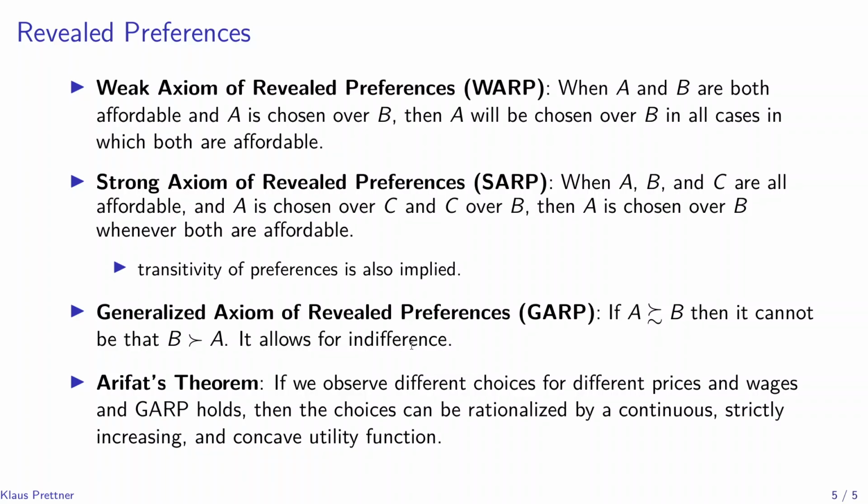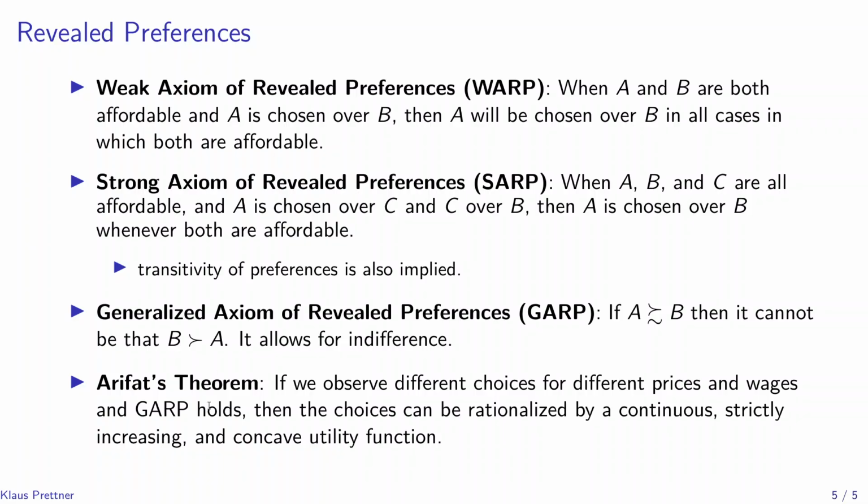What this means is that if a consumer has a flat part of the indifference curve, and this flat part exactly coincides with the budget constraint, then along this flat part would be all allocations between which the consumer would be indifferent. And the generalized axiom of revealed preferences allows this to happen, and therefore it's more general than the weak axiom of revealed preferences.